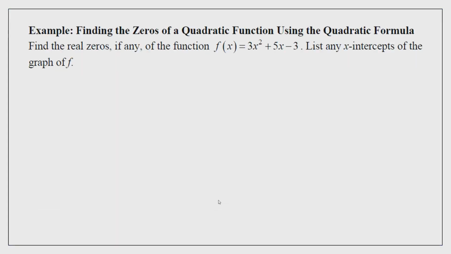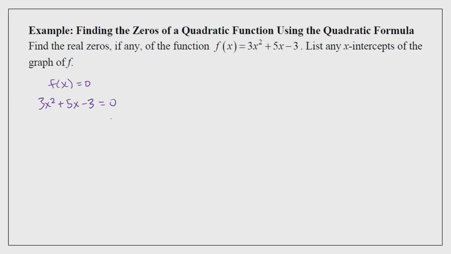So in our first example for this objective, we're asked to find the real zeros, if any, of the function f of x equals 3x squared plus 5x minus 3, and then list any x-intercepts of the graph of f. Just like in the previous objectives, the first thing we're going to do is set f of x equal to 0. So that will give us 3x squared plus 5x minus 3 equals 0.